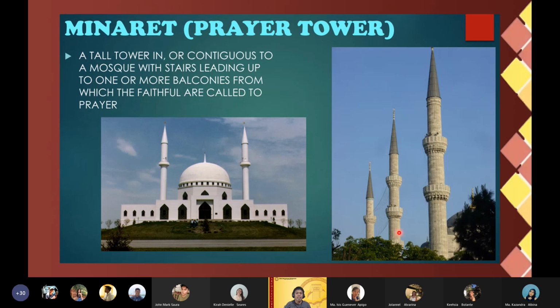This one, minaret. A tall tower in or contiguous to a mosque with stairs leading up to one or more balconies from which the faithful are called to prayer. Okay, so if you notice, the minaret is present in Byzantine architecture.